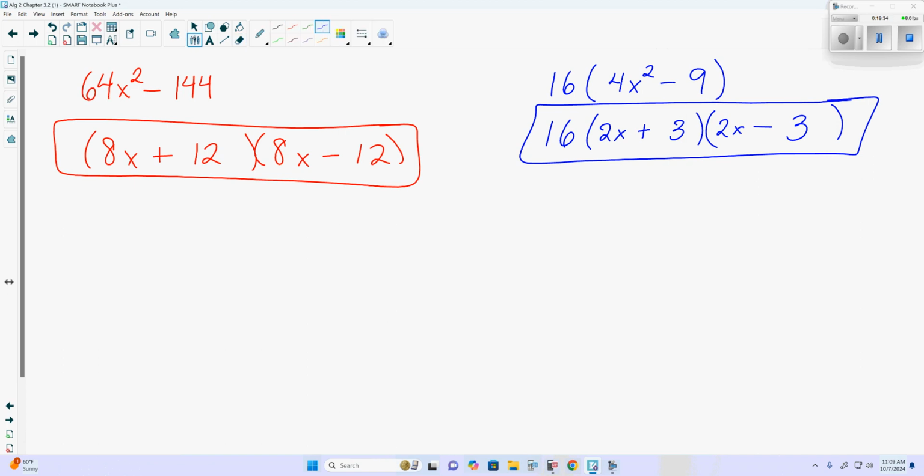Say we missed that. Let's look back over here. So say we missed the 16 at the start. We factored it to this here, yes? Our first set of parentheses. There's a greatest common factor of 4, yes? I can factor it out. 4. And when we factor the 4 out of 8x, we have x plus 3.